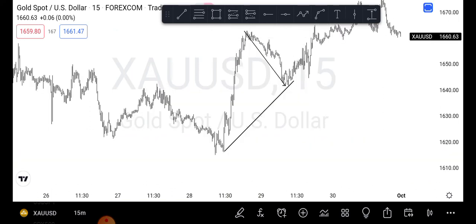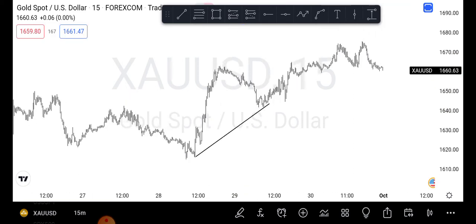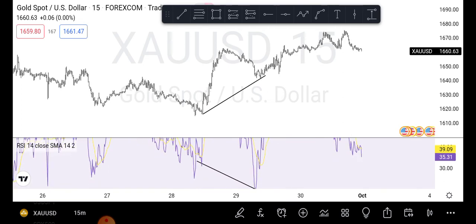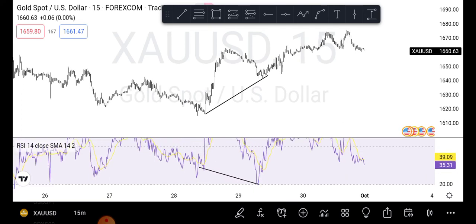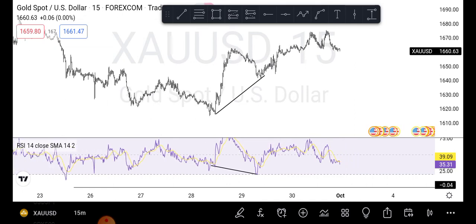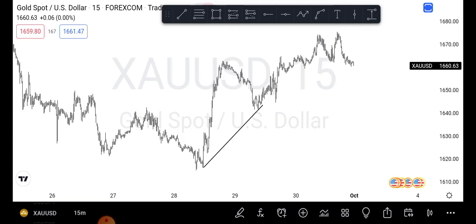Here on the price chart, price is going up. Here on the RSI chart, it is going down. When you see this as a trader, it is called divergence.